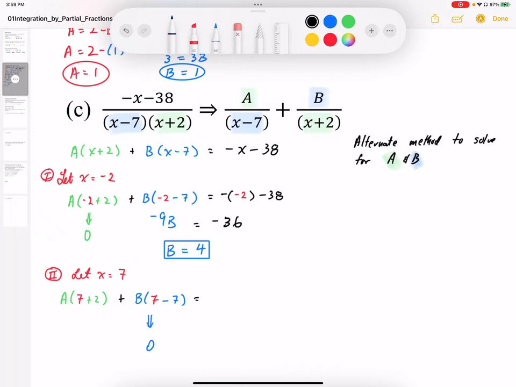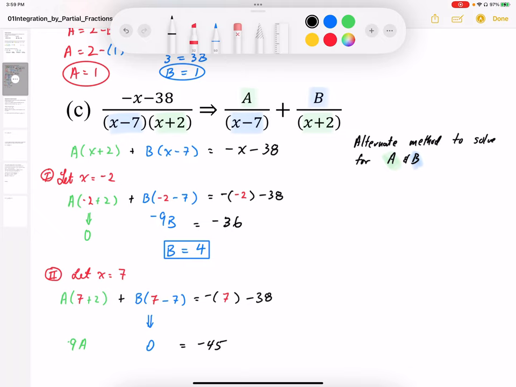And on the right-hand side, I still have the negative x minus 38. Well, the x is going to be equal to 7, so I put 7 in all the x's. The reason why I did that was to generate a zero multiplier that gets rid of the B, and now I'm left with 7 plus 2A, or 9A, equal to negative 7 minus 38, which is negative 45.